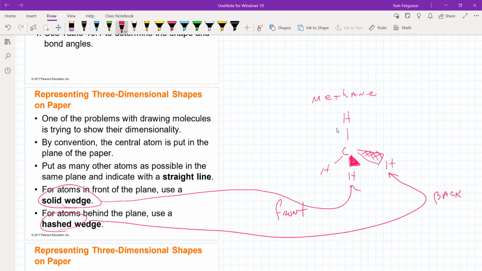It depends on your book and worksheet how they represent it. These are going to be in the same plane as the paper. So this comes out at you, this goes in.